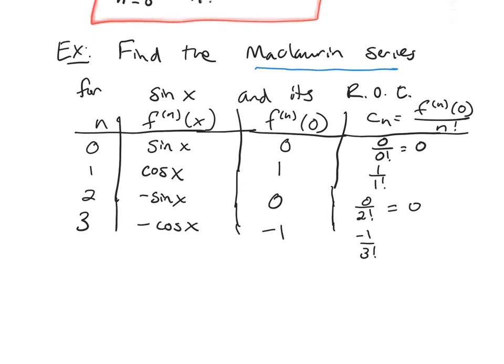So if you look, 2 of our coefficients are 0, right? My constant term and my coefficient in front of x squared. The n tells you you're taking the nth derivative.